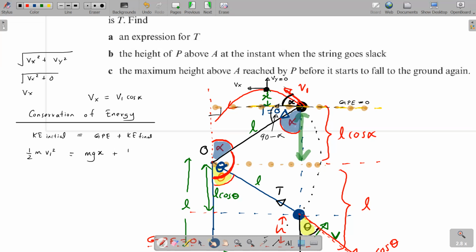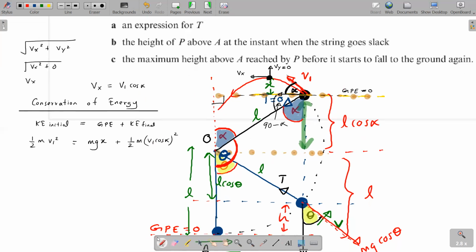Kinetic energy is half m v square, where v square is the x component, v1 cos alpha, squared, because that's the speed at the top. We can cancel out m, since everyone has the mass m. Multiplying the equation by 2, we get v1 square equals 2gx plus v1 square cos square alpha. Can you see?